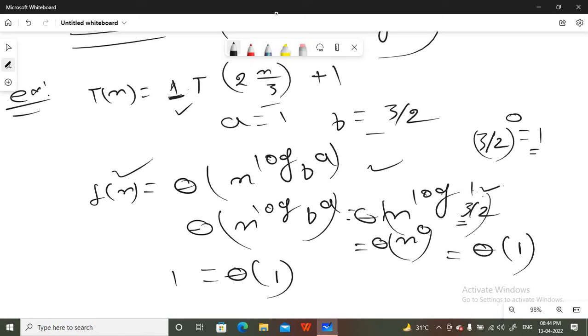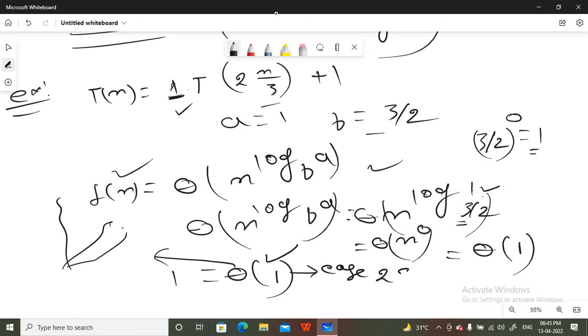We know that theta means it is lower bounded and upper bounded both by an equation. So with 1, we can satisfy that very easily. We can say that the case 2 is satisfying.